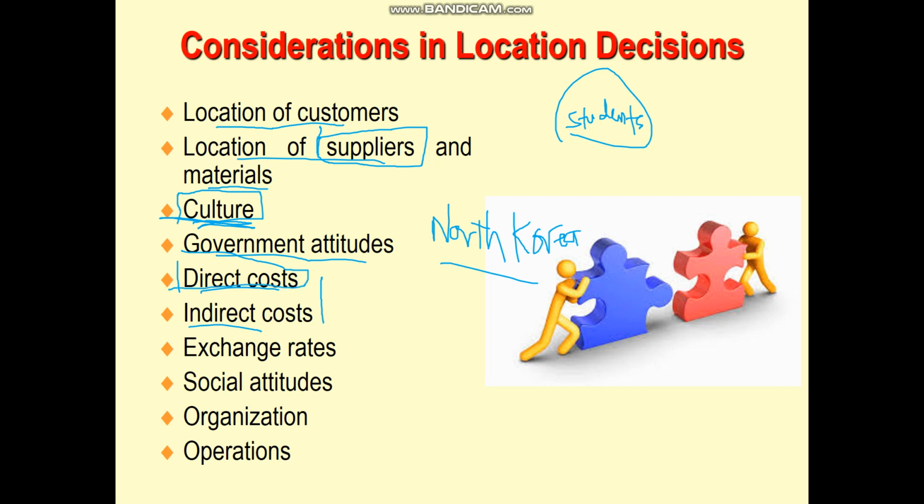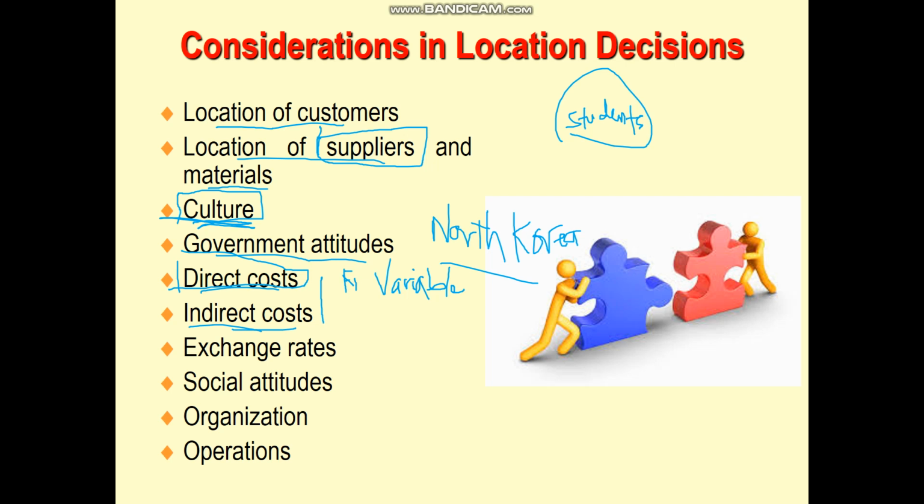It's not always correct, but direct cost is mostly considered as a fixed cost. Sorry, sorry. Direct cost is considered as variable cost, because direct cost is affected by the production quantity. Okay, and indirect cost is the cost that is not directly related to manufacturing products or services.